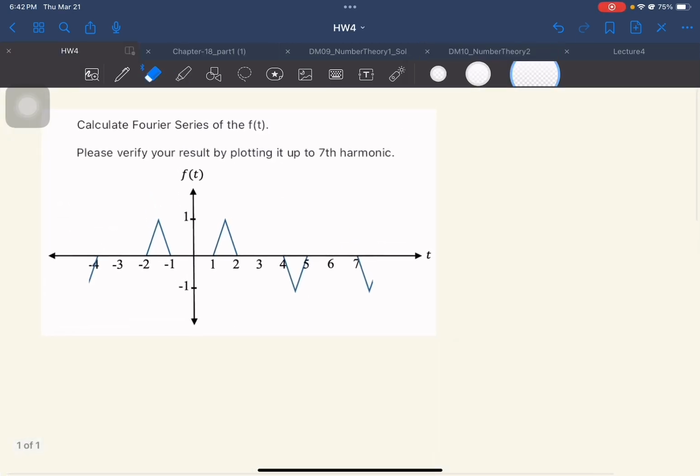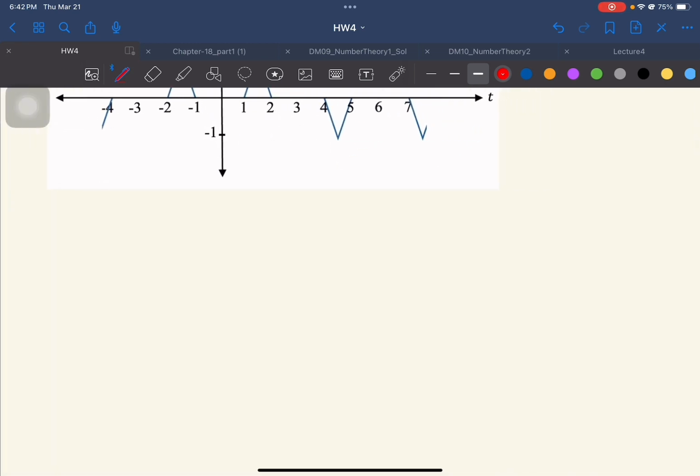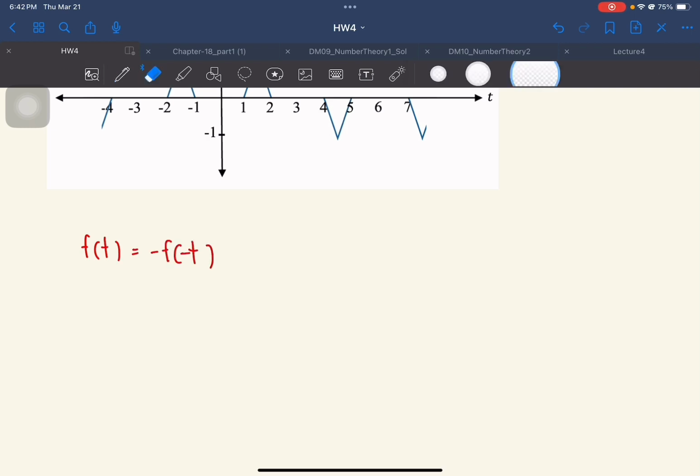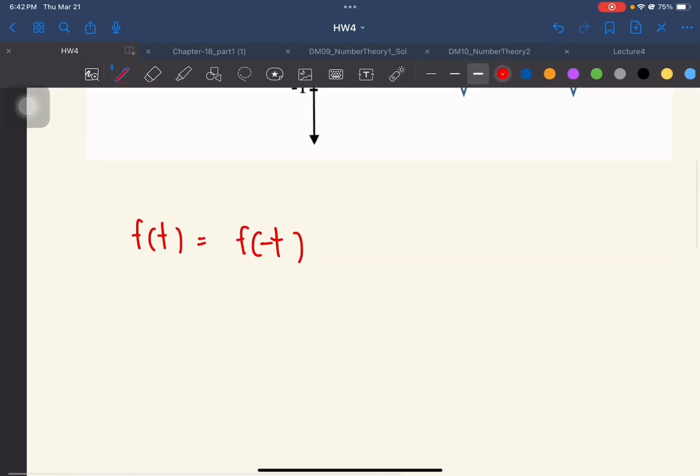Okay, for our graph, I will see if it's odd or even function first. For the even function, that we use for proof. Okay, choose the fourth position.